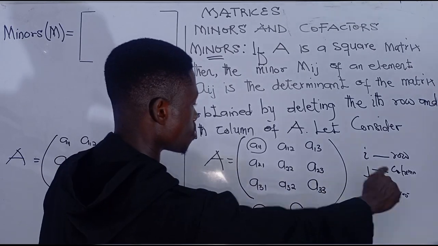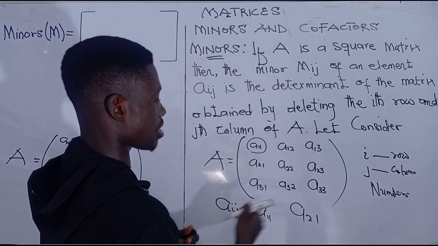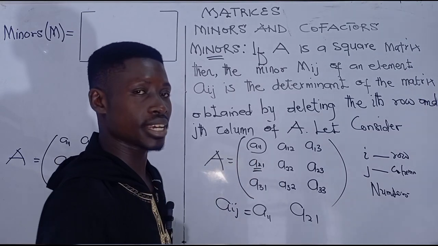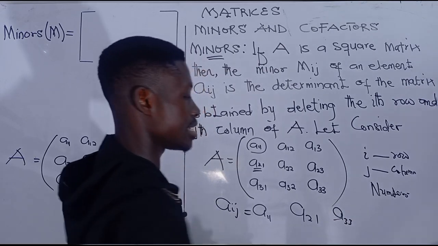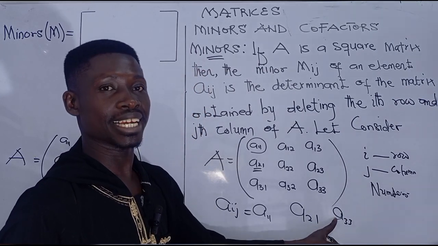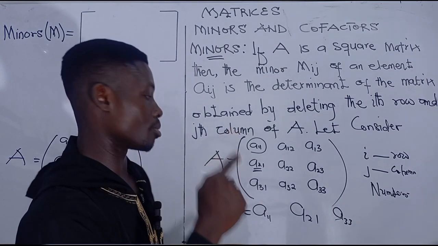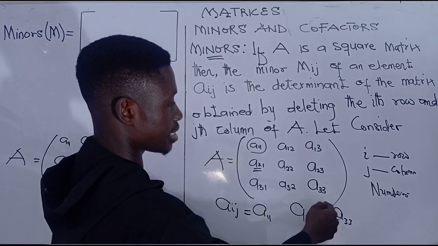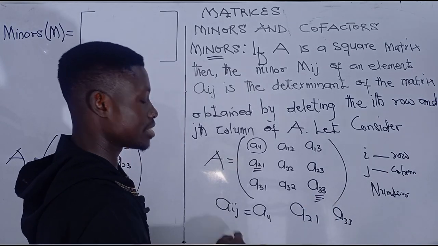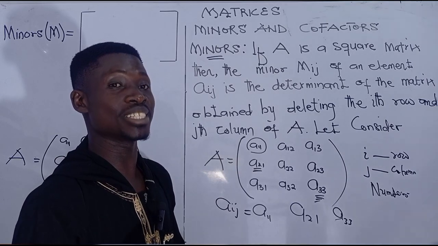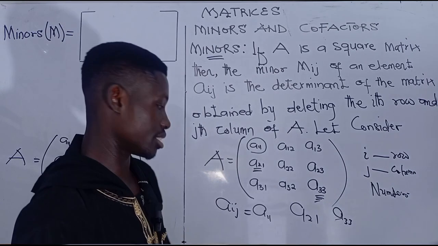Similarly, A33 is telling us that this entry is at the third row and the third column. So this notation helps us identify the positions of the entries within the matrix.